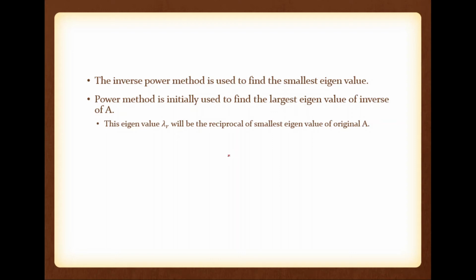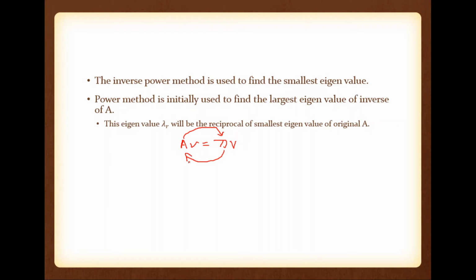So how is it possible? What is an eigenvector? What is an eigenvalue? A into the eigenvector is equal to the eigenvalue into the eigenvector. Now do one thing: move A to this side and lambda to this side.